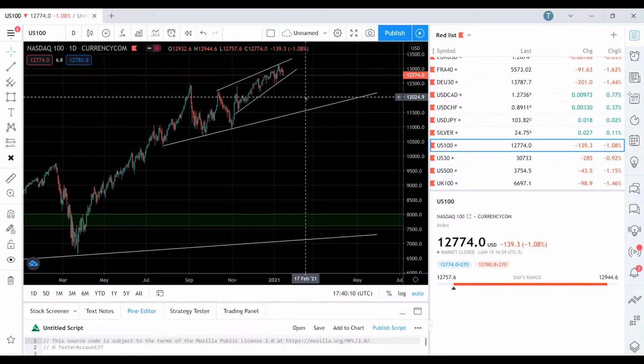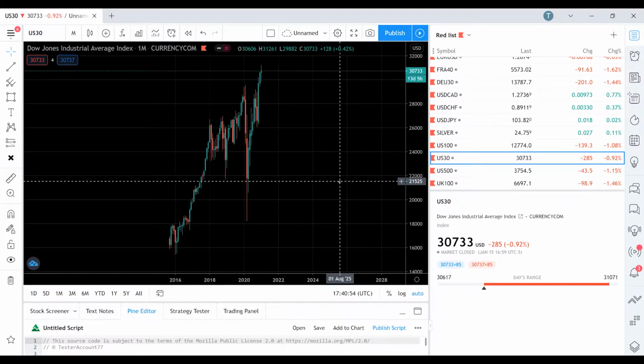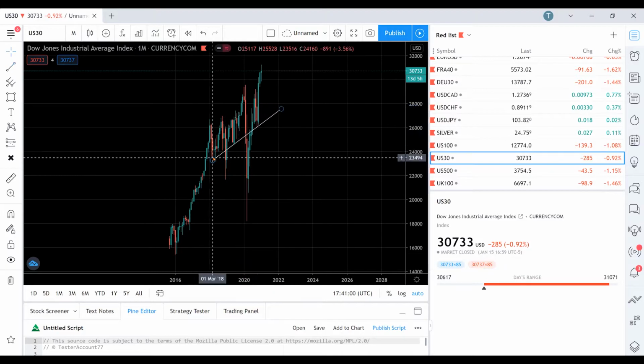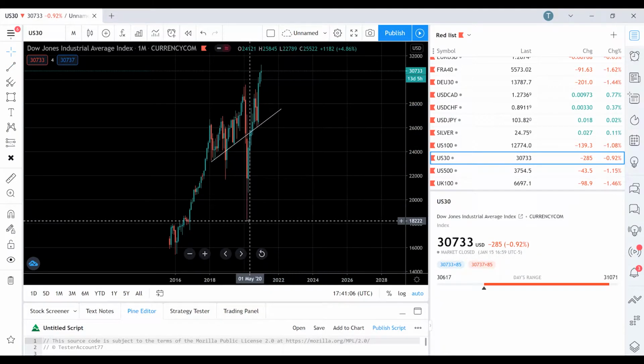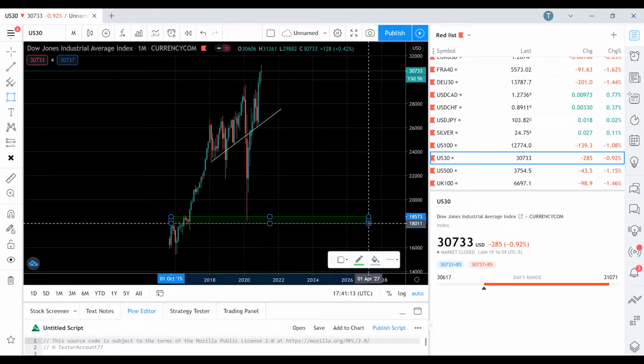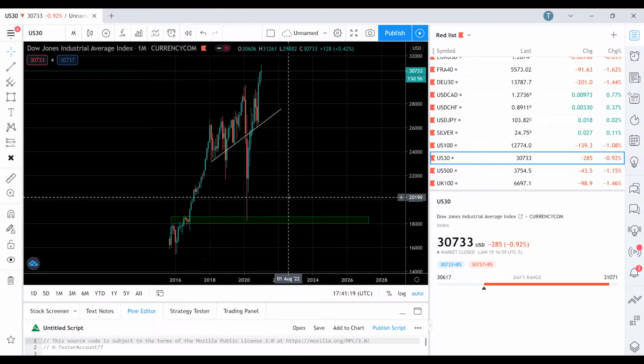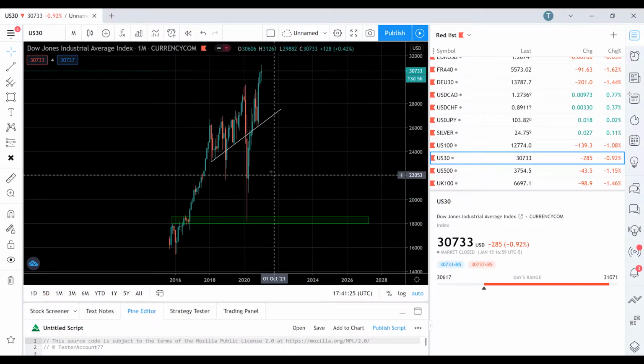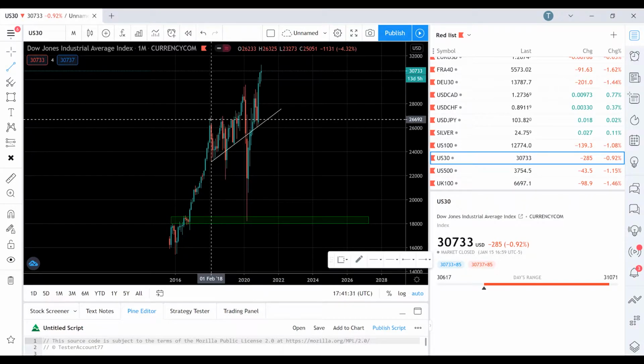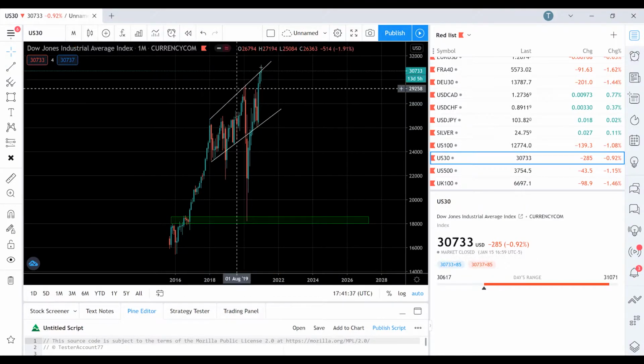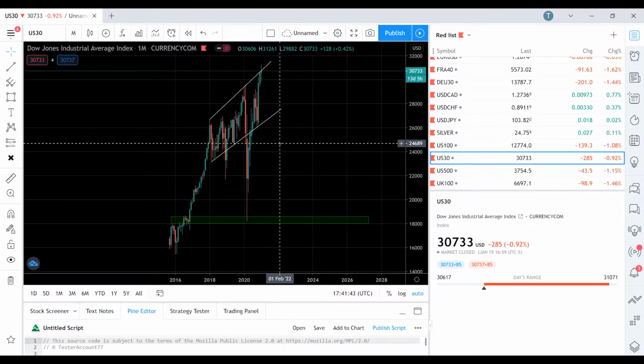US 30, start on the monthly, trend support here. Buy zone here. Trend resistance here. Move to the weekly.